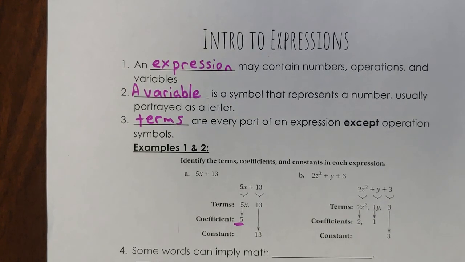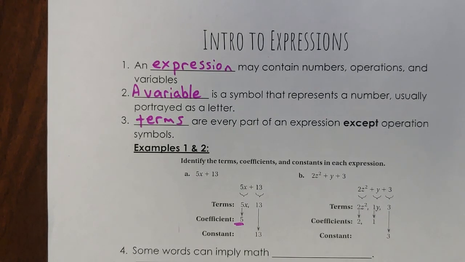A constant, in this example right here, a constant is just a number, okay? So when you're adding or subtracting a number, that is a constant, okay? The reason it's called constant, what does the number 3 equal?